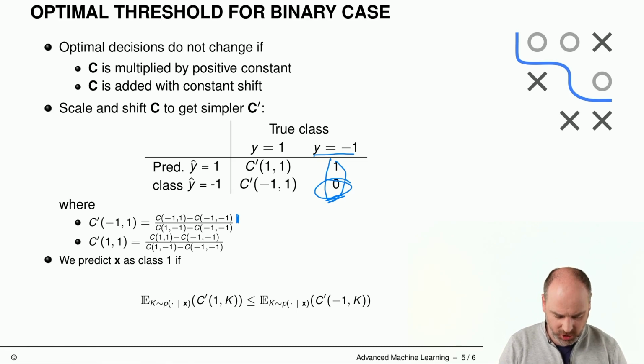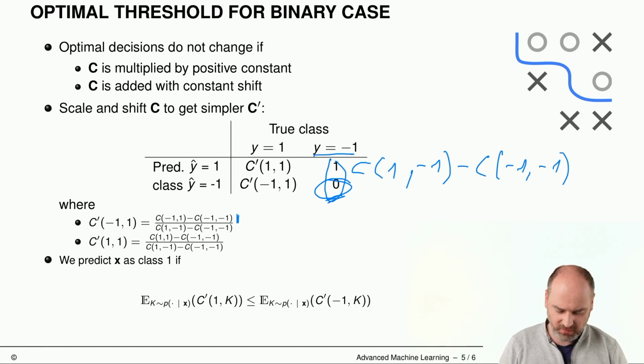So for the C dash, for this guy and for this guy, you can see that we always subtract this guy. Now for this first element here in the second column, where we have the 1, originally we are in the negative class, but we would predict the positive one. Now, as I said, we are always subtracting from every entry now C -1, -1. So we have that in here.